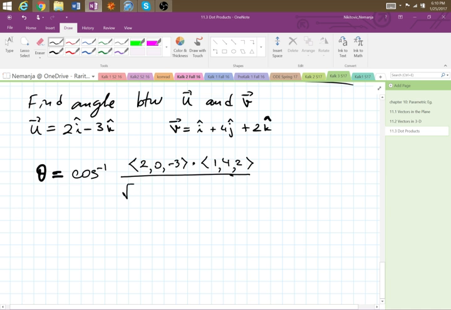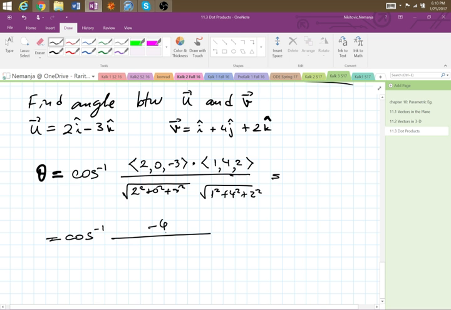And then we have the square root of 2 squared plus 0 squared plus negative 3 squared, which is the same as 3 squared, times the square root of 1 squared plus 4 squared plus 2 squared. Everything equal to cosine inverse of 2 minus 6, which is negative 4. And then we have 4 and 9, which is the square root of 13, times the square root of 21.